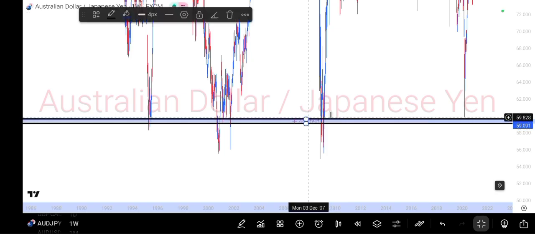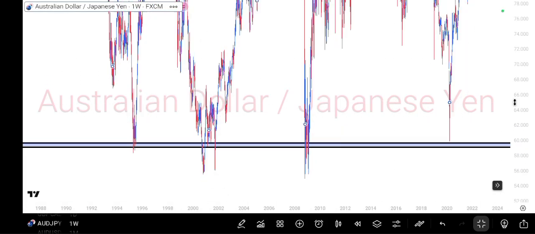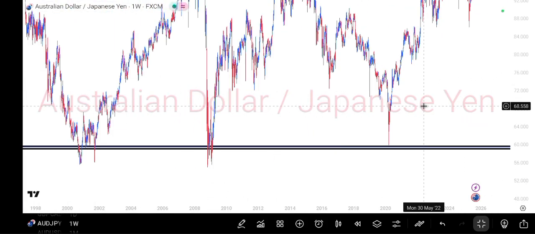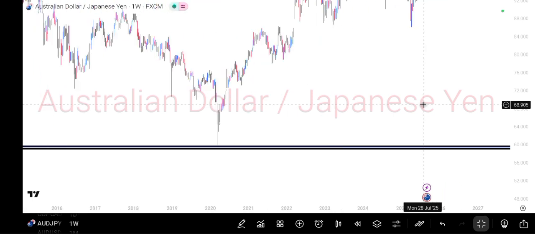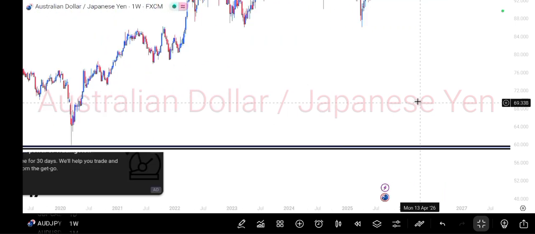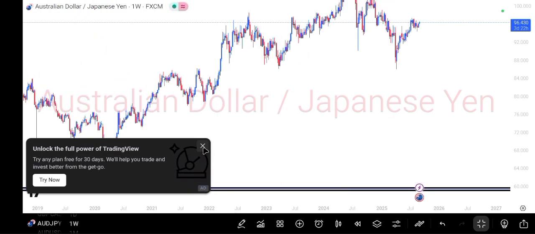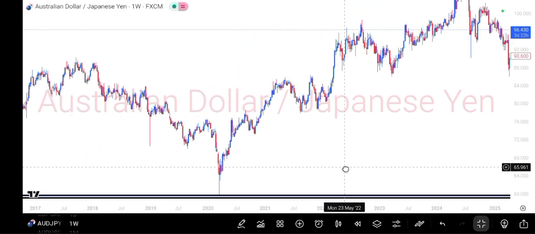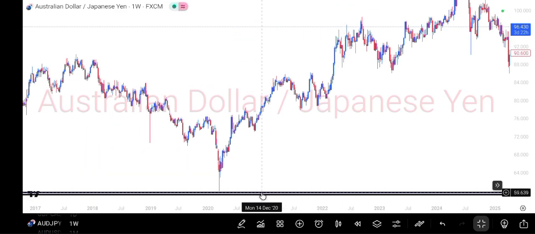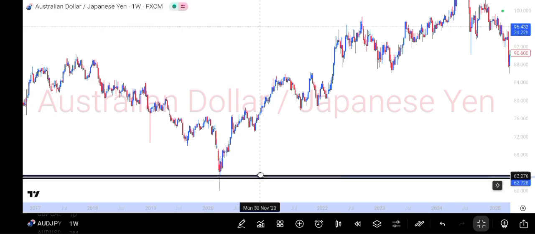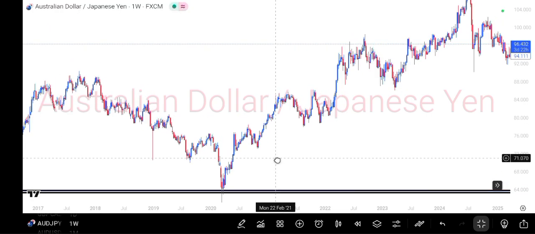I think I'll adjust it a bit. Let's see. I think it's fine for me. Then I'll clone this level to look out for other subsequent support regions that can possibly hold the market.